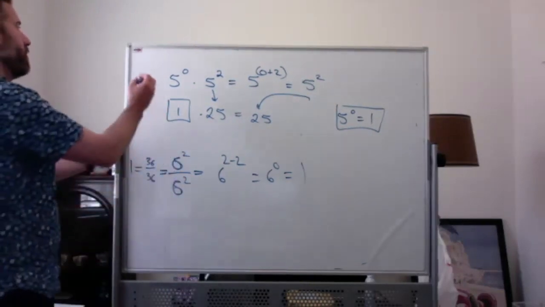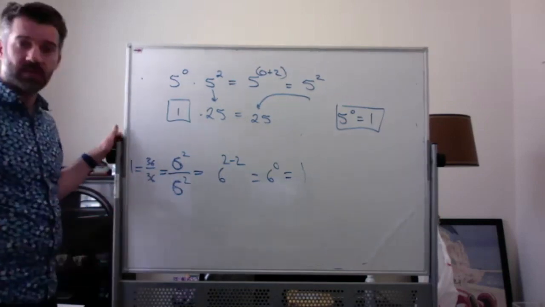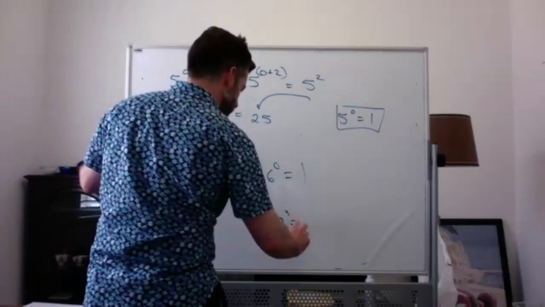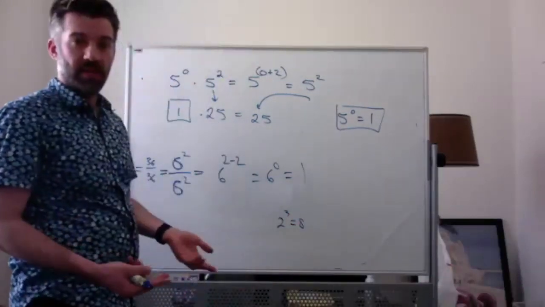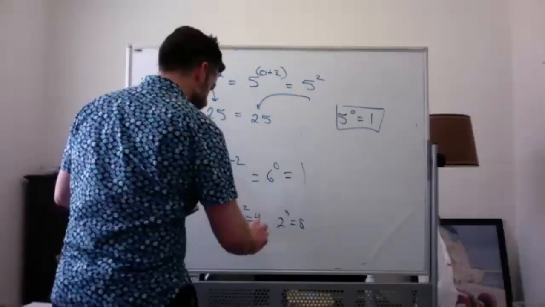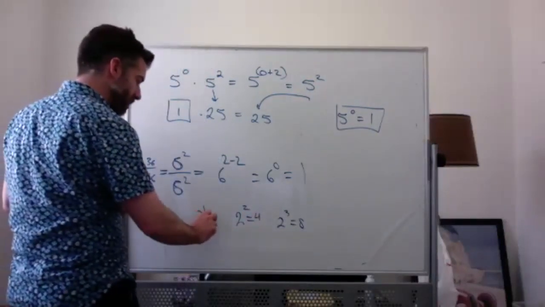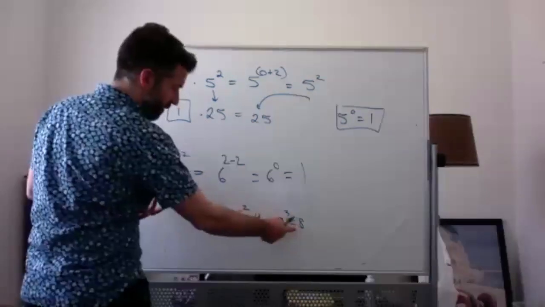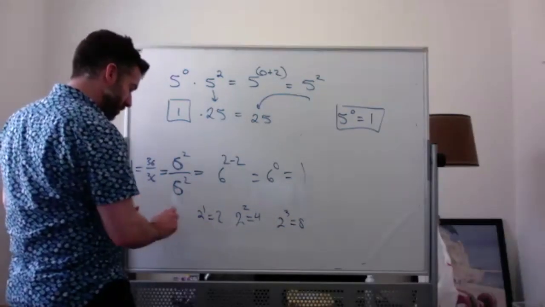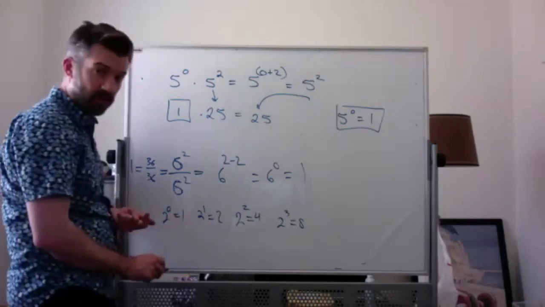I've even heard some students say something like this, right? 2 to the 3rd is equal to 8. And then to get 2 squared, you divide by 2. And then to get 2 to the 1st, you divide by 2. 8 divided by 2 is 4. 4 divided by 2 is 2. 2 divided by 2 is 1.